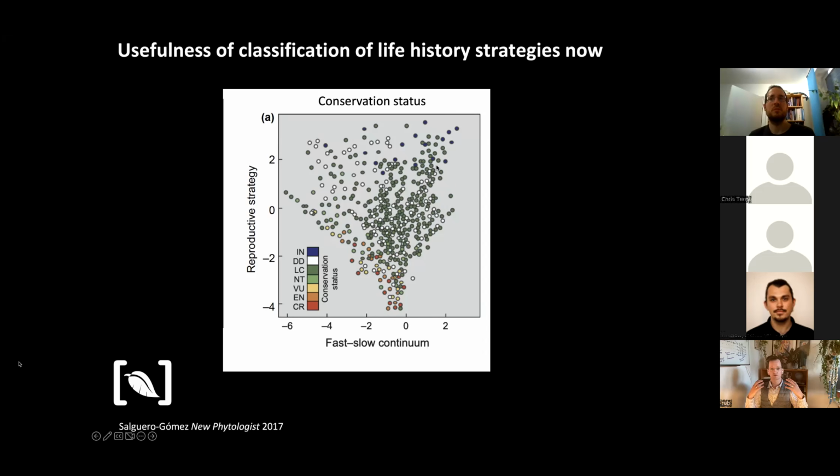So those are species for which no conservation assessment has been carried out, so we don't know exactly whether they are endangered or not, all the way to an increasing risk of extinction: least concern, near threatened, vulnerable, endangered, and critically endangered. You can hopefully see that there is a gradient going from top left, more likely to be invasive, to bottom left, more likely to be critically endangered.